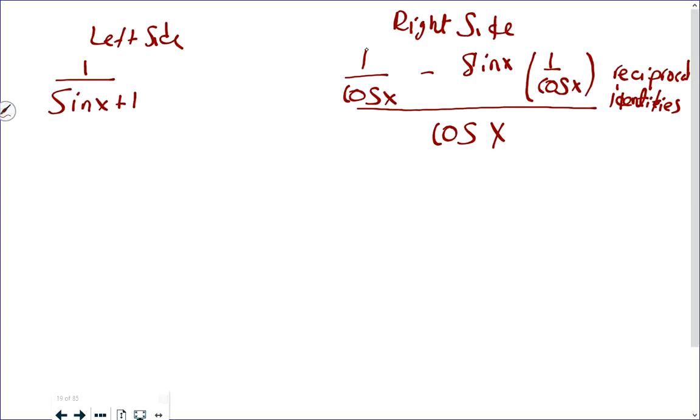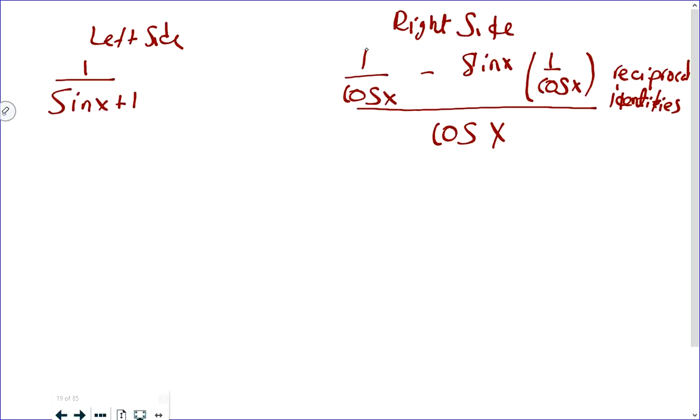I'm going to actually rewrite this. I apologize. I don't think I followed my own advice, which is to look at what you're going to need to work on the most and give yourself the space required to do it. If I were to begin again at this stage, I would have done this, and I would have left myself more room on the right-hand side.